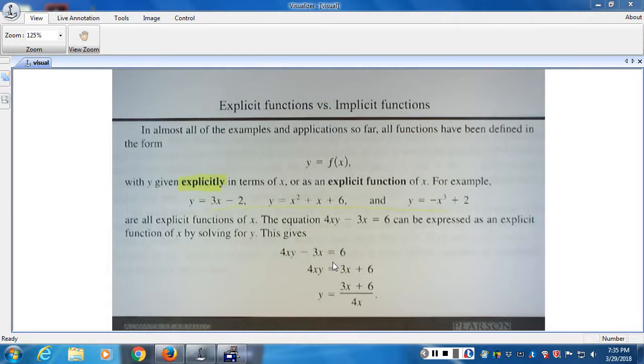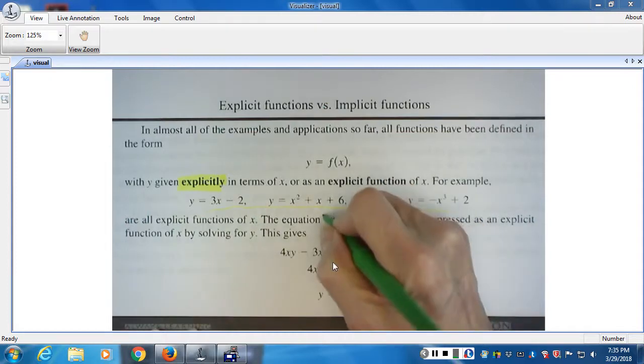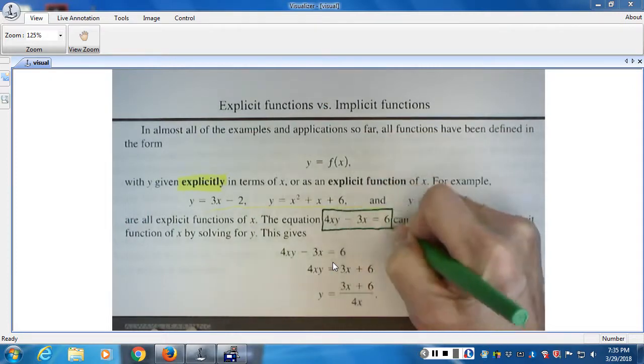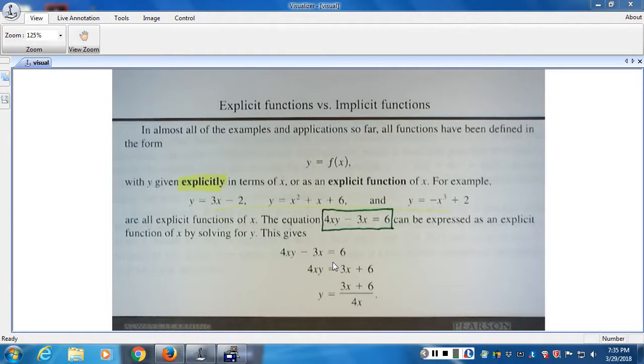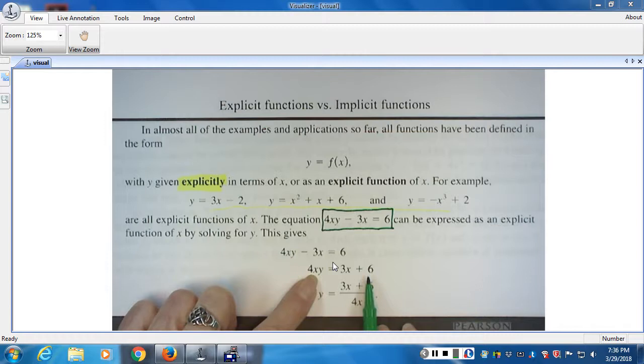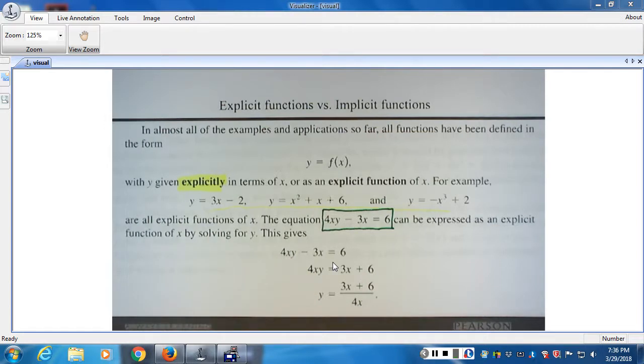However, we have an equation 4xy minus 3x is equal to 6 that could be solved as an explicit function of x if we just do a little algebra juggling. What we would do is take that original function, add 3x to both sides, and then divide both sides by 4, and we would have an explicit function.